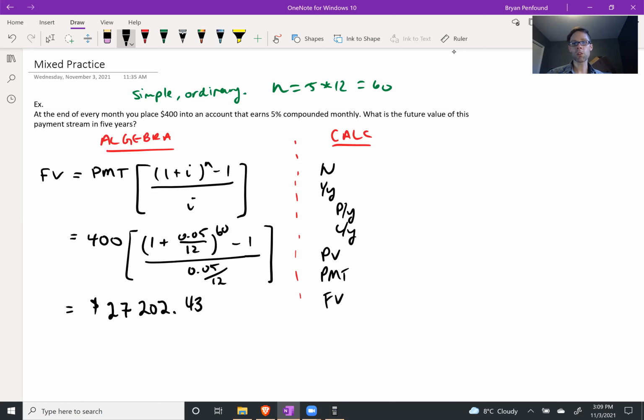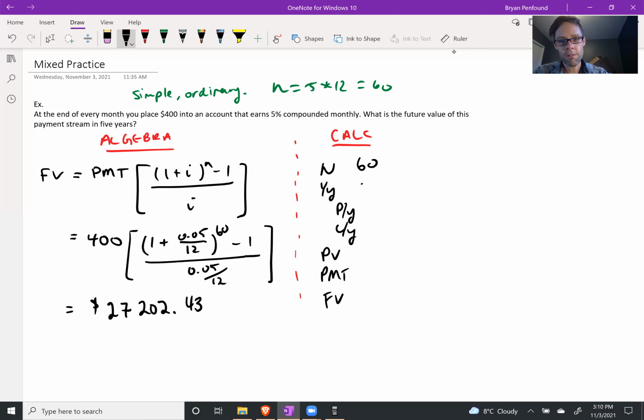By using the calculator, what numbers would we have to input into the calculator's functionality in order to verify this future value? Well, we've done a lot of the calculations needed already. We've already calculated that n should be 60.